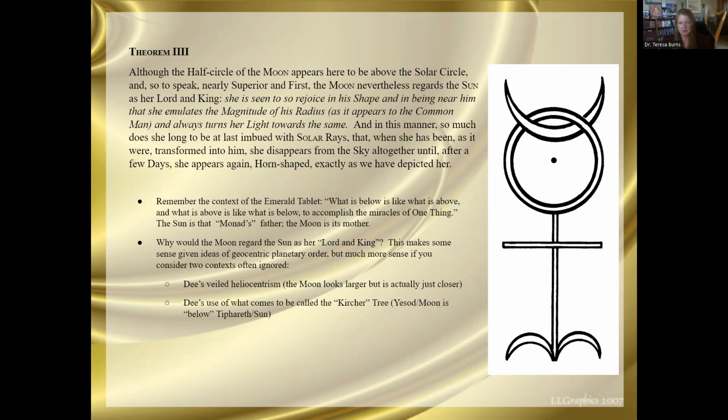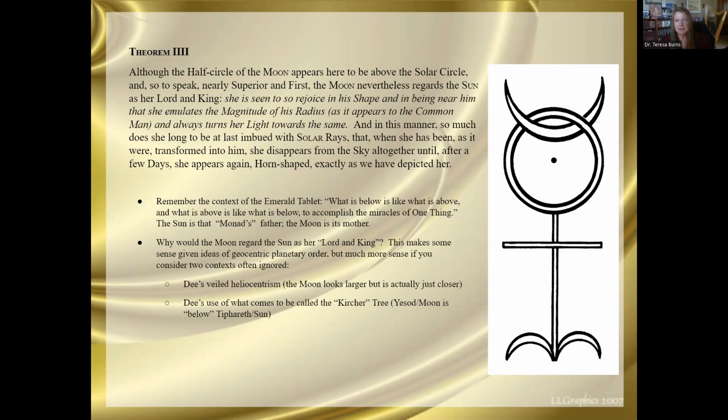The other thing, though, is if we think of the sun as superior, D is going to be using what is called the Kircher Tree of Life. That's the one commonly used today in Hermetic Kabbalah.